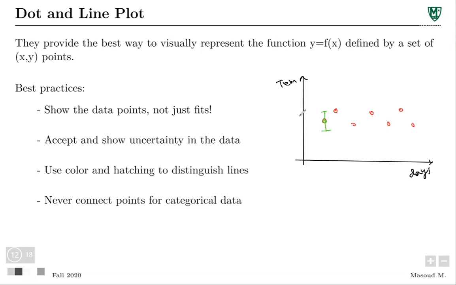For instance, you had a set of measurements. You measure the temperature 10 times during the Sunday or Monday. This is the average. Then you can show the value of the mean plus the standard deviation and minus the standard deviation. So it gives a sense of how this variable was changing.